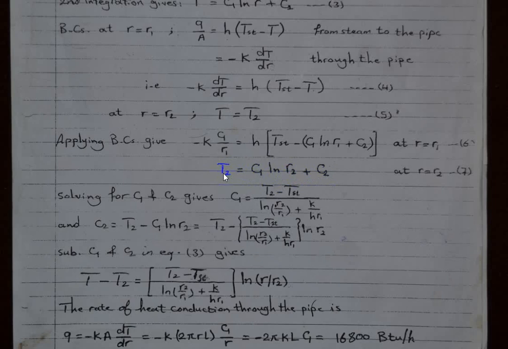T2 will be considered as the T obtained from the second integration of dT/dr according to the Laplace one-dimensional steady-state heat generation equation. T2 equals C1 ln R2 plus C2 at R equals R2.